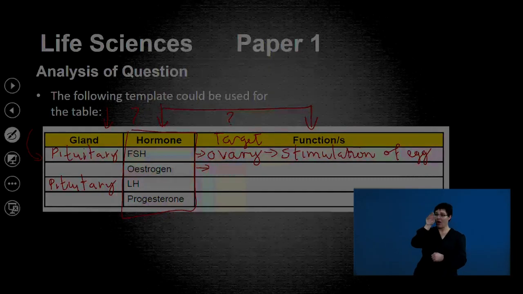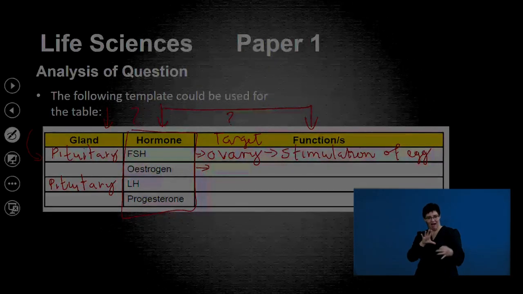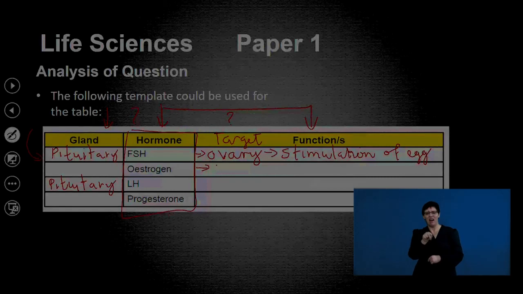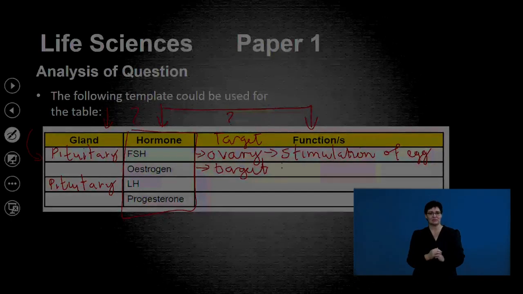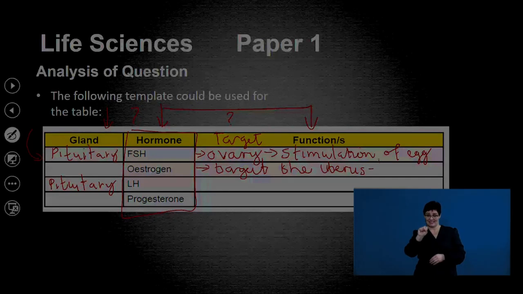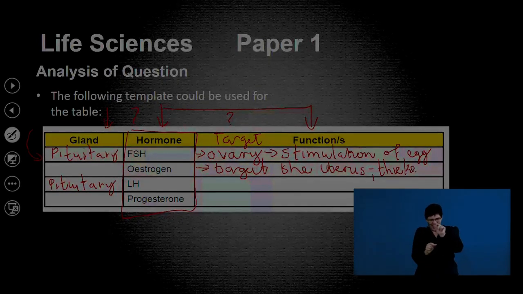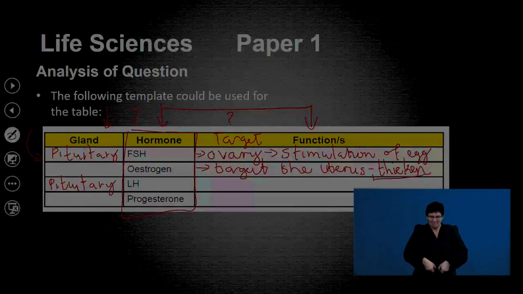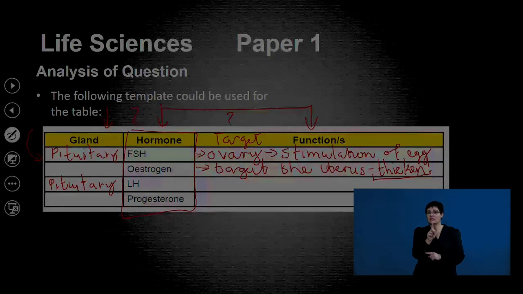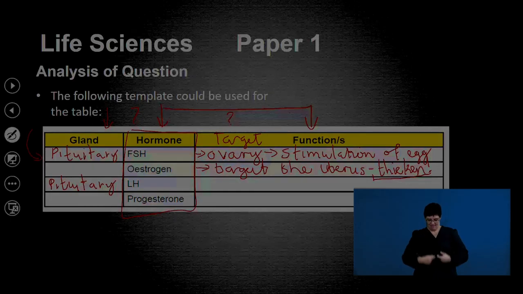So we can look at estrogen being released, and the function of estrogen is to target the uterus. And in the uterus, it will thicken the endometrium, and it results in what we call the thickening of the vascular layer of the endometrium.